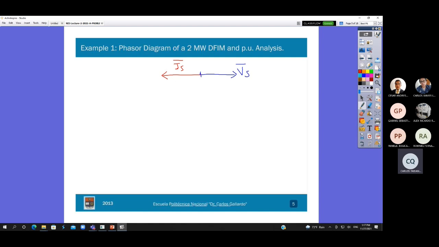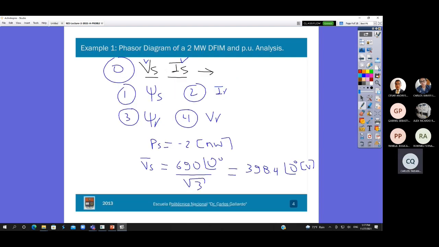Therefore, the stator active power is equal to 3 times the real part of the stator voltage times the conjugate of the stator current. Taking the real part, I get the stator active power.